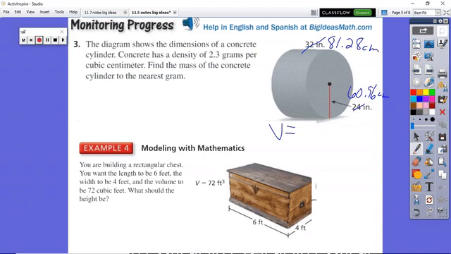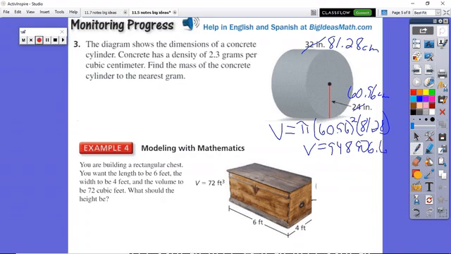using pi, 60.96 squared times 81.28. Your volume, then plug that in. Let's see, so my volume is 948,906.6.